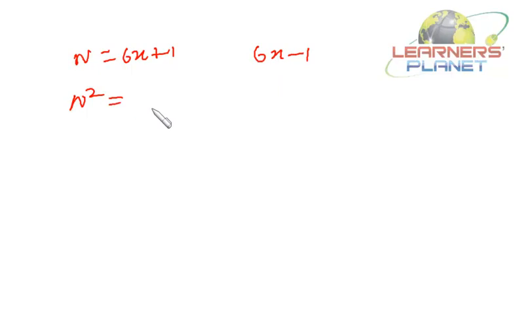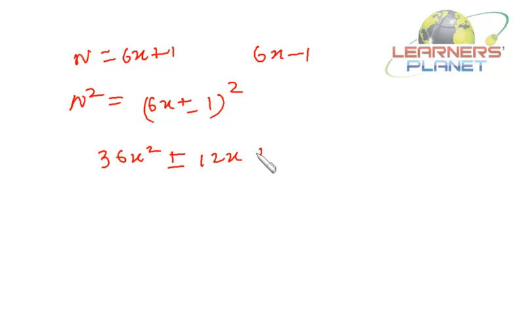Now what is n square? It is 6x plus minus 1 whole square. So it is 36x square plus minus 12x plus 1. Okay friends, here I am applying the concept of a plus b whole square or a minus b whole square.